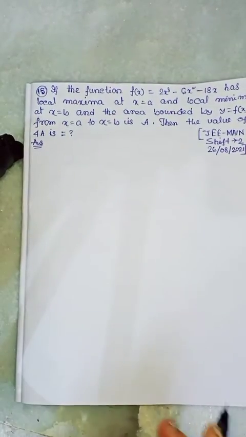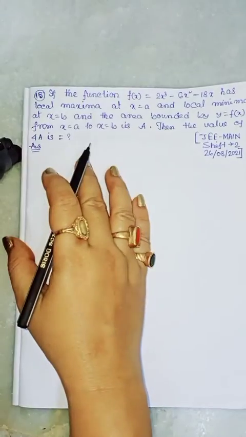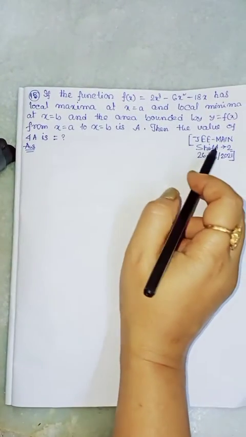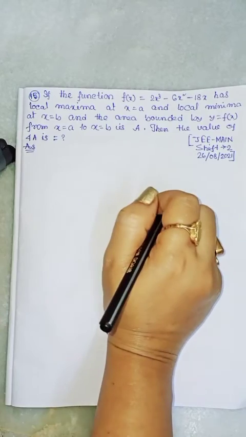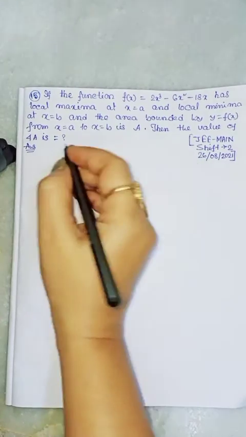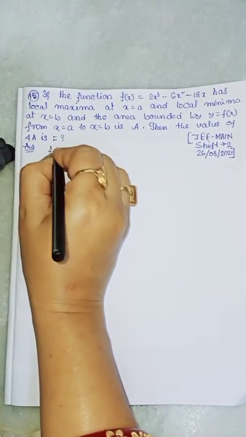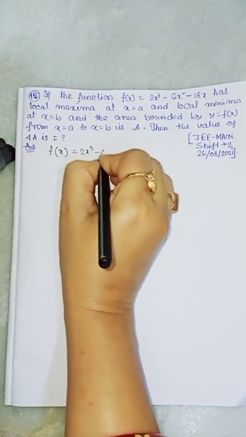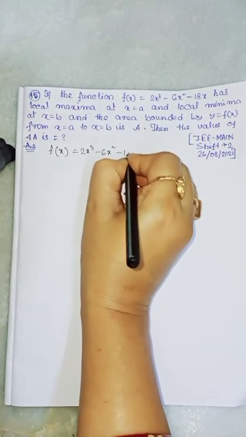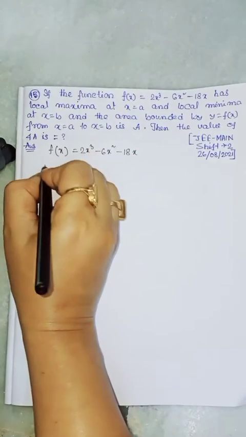So this is the question on maxima minima, JEE Main shift of 26th August 2021. So f(x) is given here, f(x) is equal to 2x cube minus 6x square minus 18x.